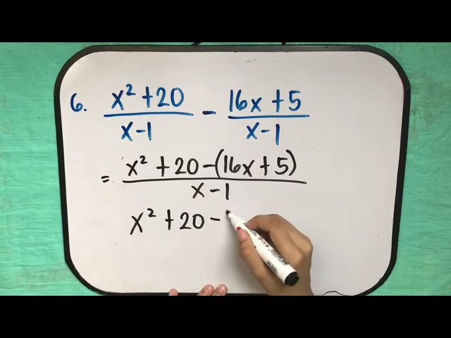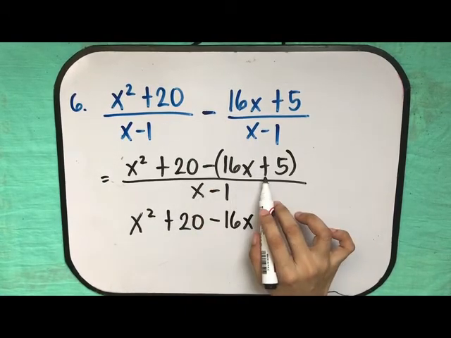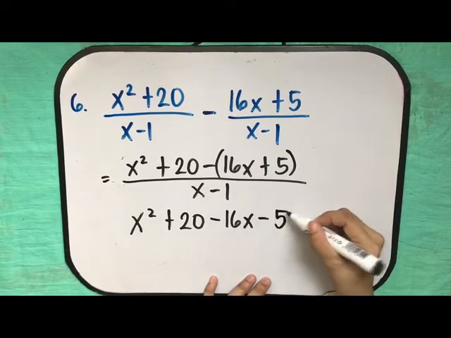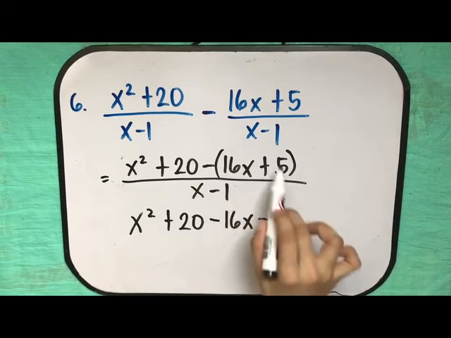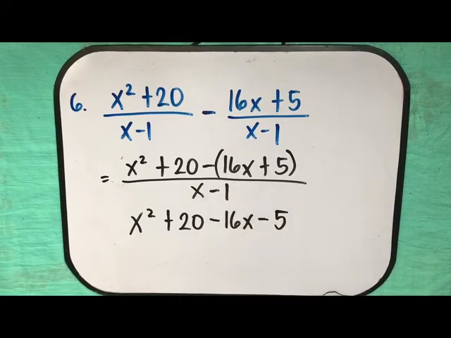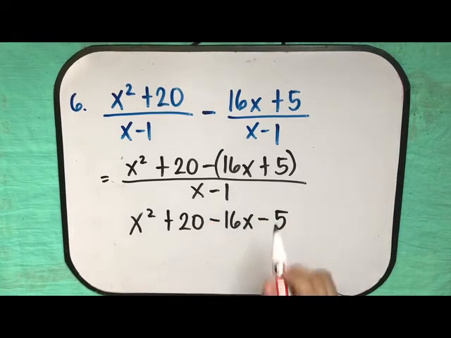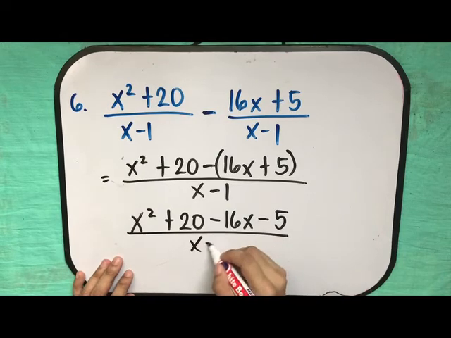You'll have negative 16x and then negative times positive 5, you'll get negative 5. Or in short, you will just be changing the sign of the terms inside the parentheses. So the positive 16 became negative 16, positive 5 became negative 5. And then copy the denominator, x - 1.